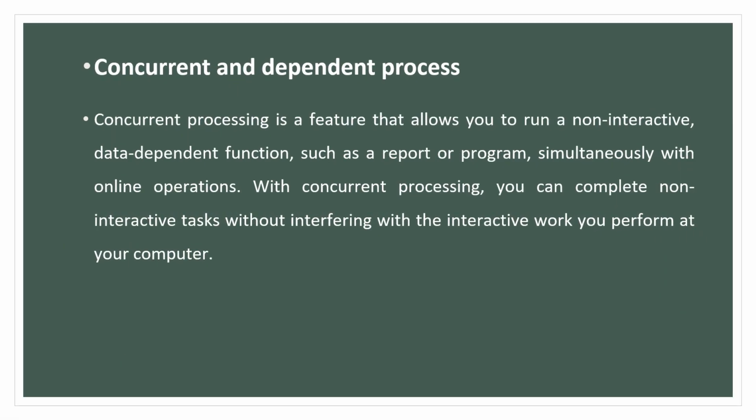Concurrent and dependent processes. Concurrent processing is a feature that allows non-interactive, data-independent processes, such as running a report simultaneously with online operation. With concurrent processing, you can complete non-interactive tasks without interfering with the interactive work you perform at your computer.